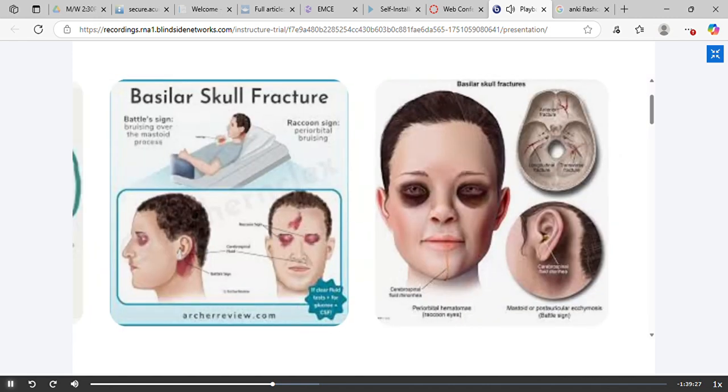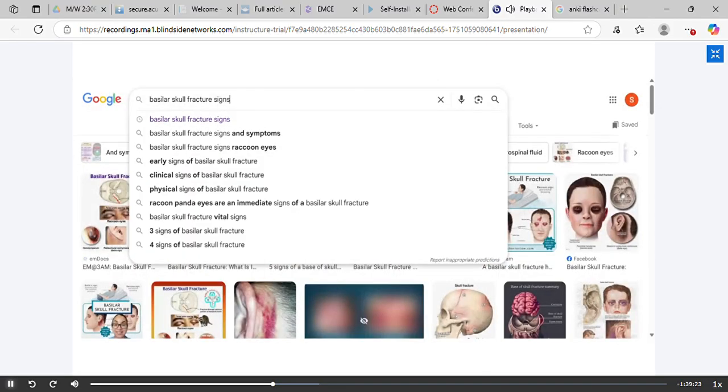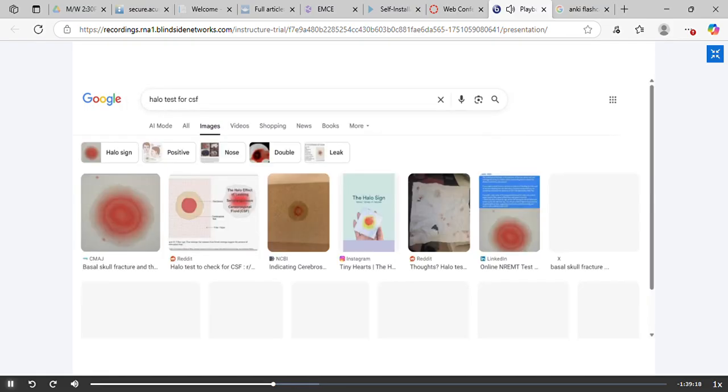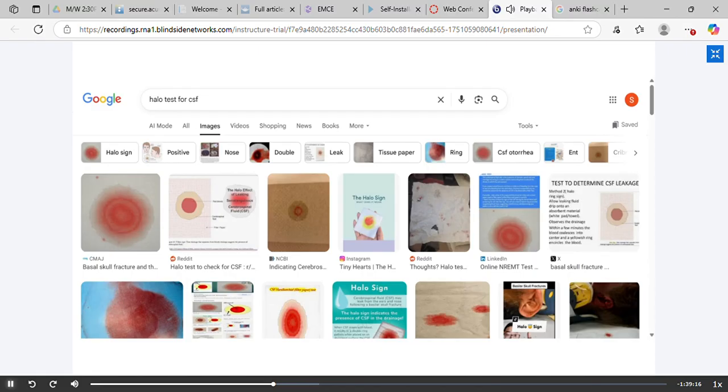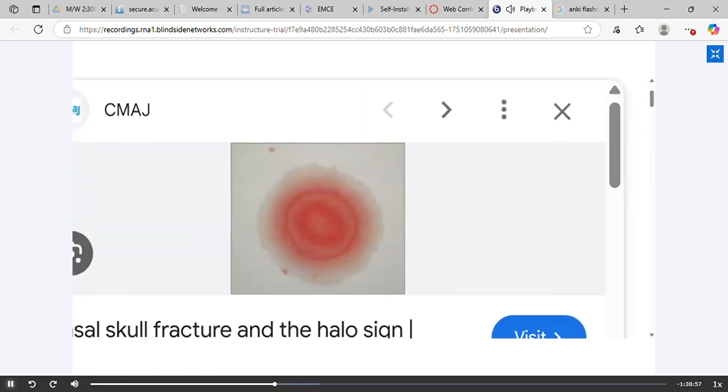And they will also have a halo sign. If your patient is bleeding out of their ears, then we do the halo test, okay? And the halo test is you take a piece of gauze and you place it up to their ear, let it soak in some of that blood, bring it off, and then if it has this ring around it, right?